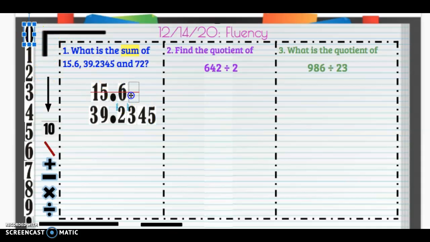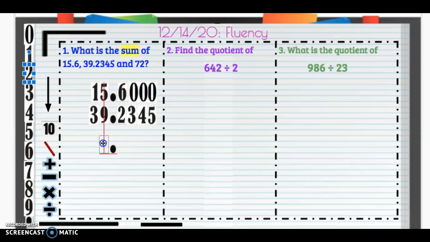put a 0 in the hundredths, thousandths, move it over a little bit, and then 10,000ths. Alright, so then you have 72, which the decimal point is always behind a whole number.